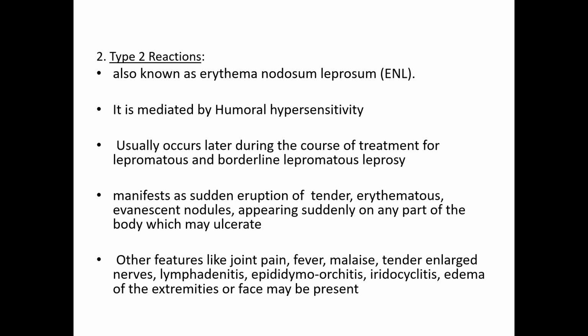Manifests as sudden eruption of tender erythematous nodules appearing suddenly on any part of the body, which may ulcerate. Other features like joint pain, fever, malaise, tender enlarged nerve, lymphadenitis, epididymo-orchitis, radiculitis, edema of the extremities can be seen with ENL.